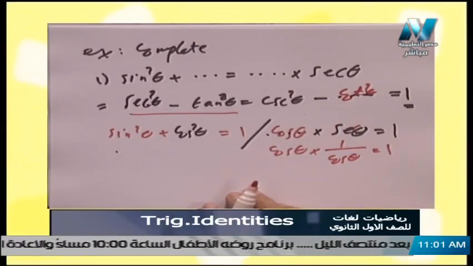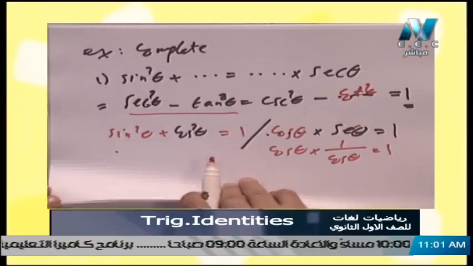Okay. We would like to simplify. We would like to answer some questions here. The first part here was to remember some trig identities and to discuss them and prove them. But now we are going to study new examples to prove some identities. Okay, let's move to the next, first example here. It says simplify.